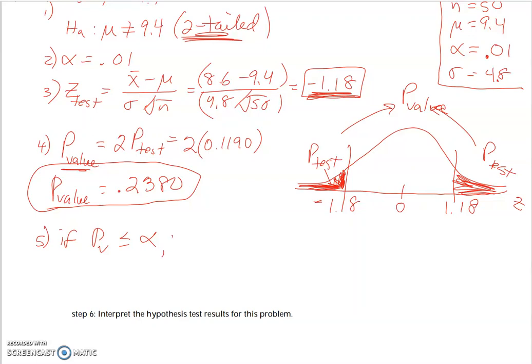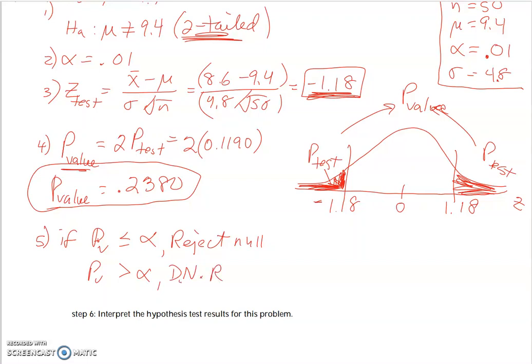That's the case where you're going to reject the null because your test data seems really out of place. Got something that's very rare. Or if your p-value is greater than your alpha or your significance level, you're going to say that that's normal variation, so I'm not going to reject my null.